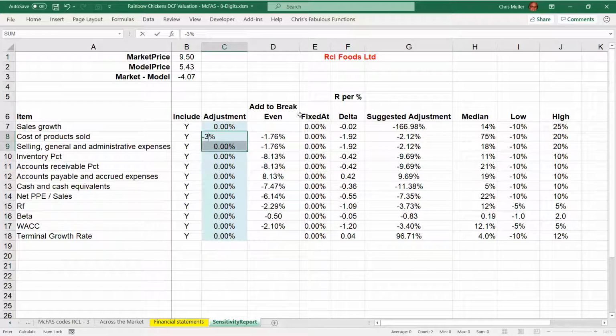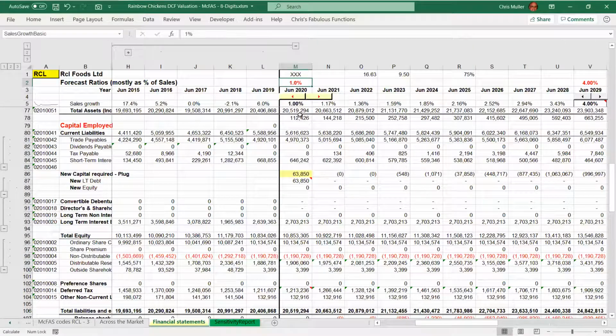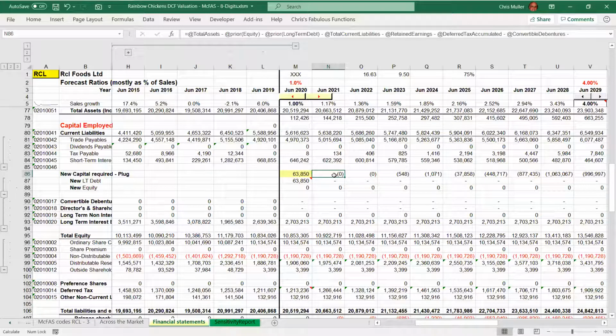I'm going to, in one fell swoop, reduce the cost of product sold and SG&A by 3%. Yeah, that has a massive difference to our bottom line. And I'm doing this just for fun. So I want to show you that, hey, all that capital required is not there because we've made so much profits that our retained earnings are good enough to drive this business forward.